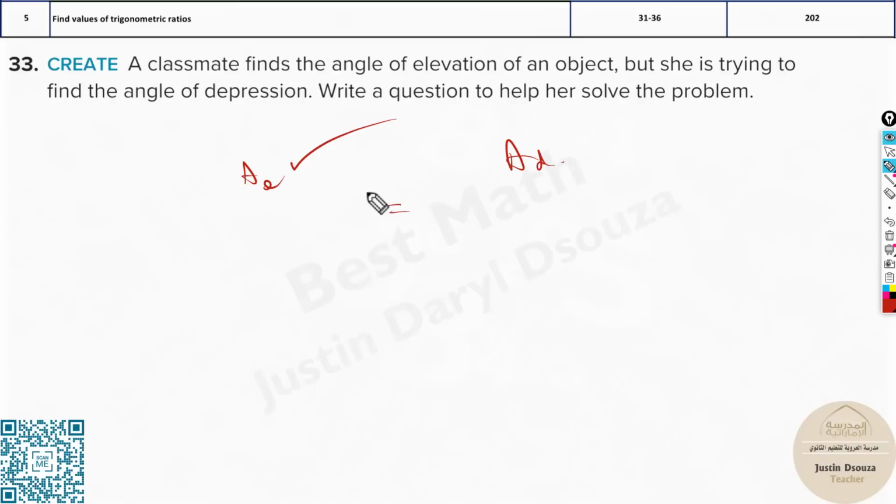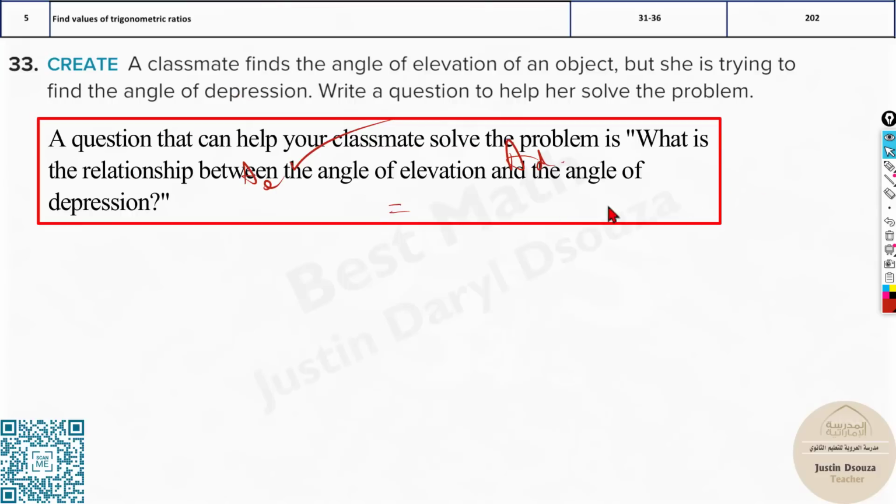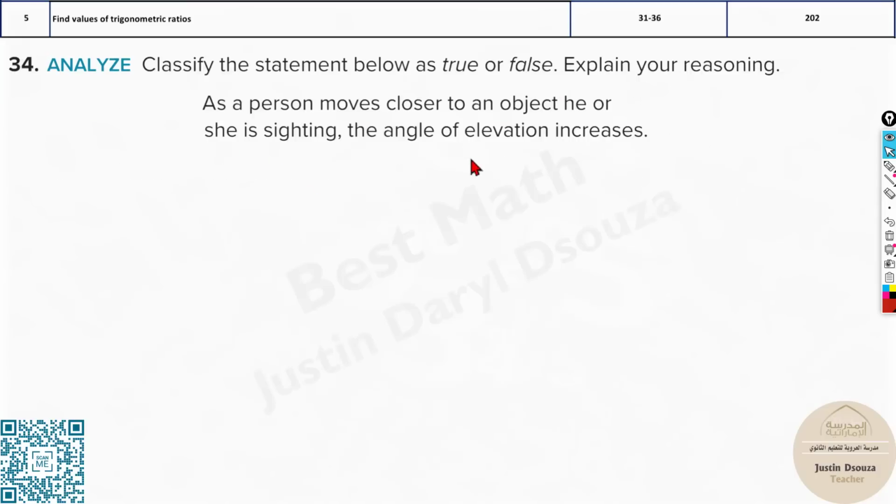They both are equal. If someone asks her what the relationship between angle of elevation and angle of depression is, then she will come to know they both are equal. So whatever angle she has found, imagine it's 50 degrees, then both are 50 degrees. So the question is: what is the relationship between the angle of elevation and the angle of depression? That will help the student solve this problem.